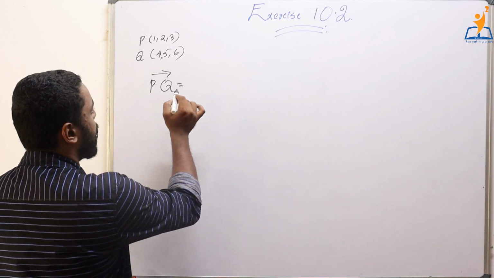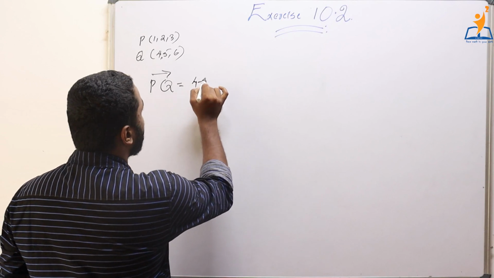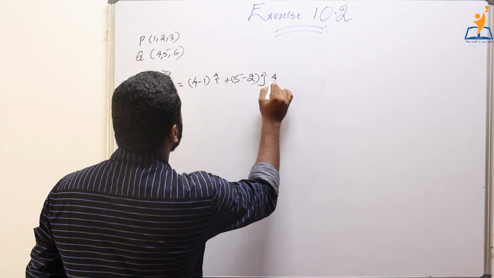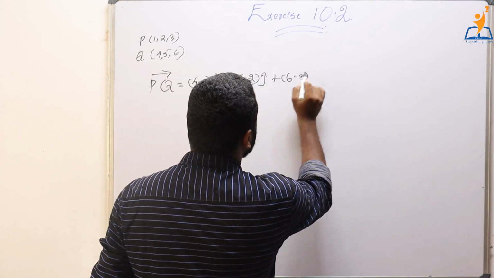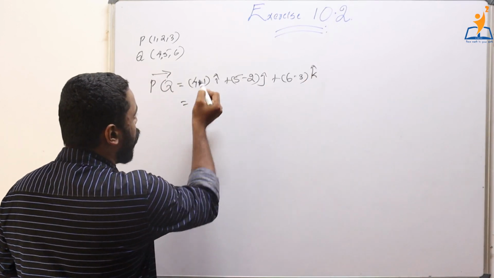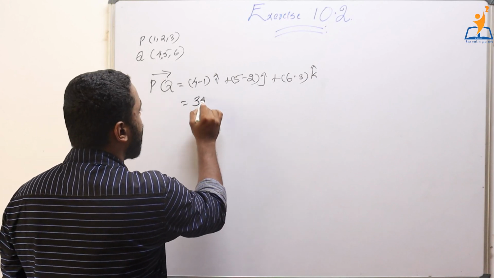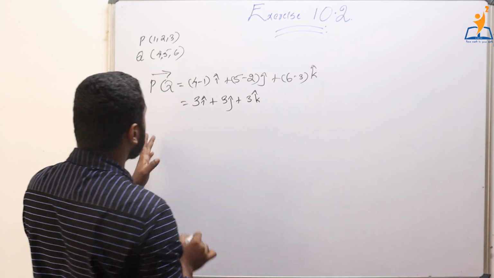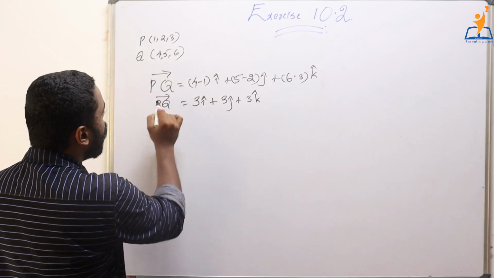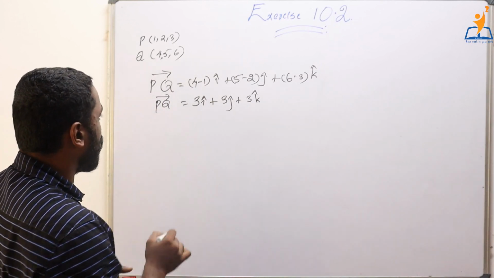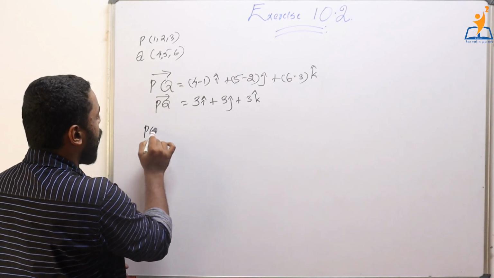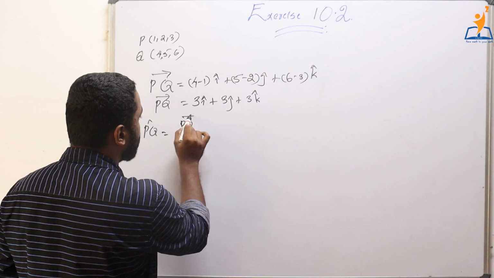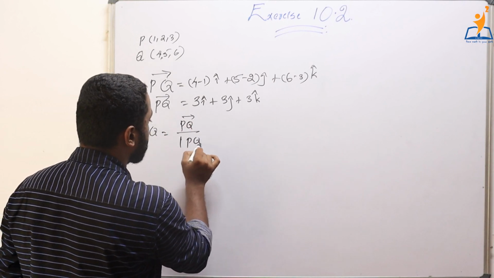So by that we have PQ equal to (4 - 1) i cap plus (5 - 2) j cap plus (6 - 3) k cap, which is 3 i cap plus 3 j cap plus 3 k cap. So this is our vector PQ. Now just like in the previous problem, we have PQ cap, the unit vector in the direction of PQ, which is nothing but the vector PQ divided by the absolute value of the vector PQ.